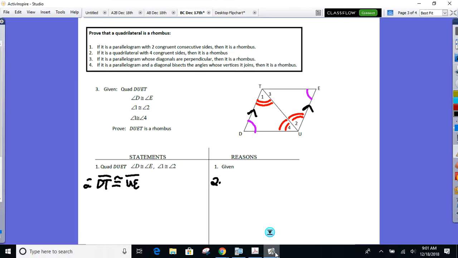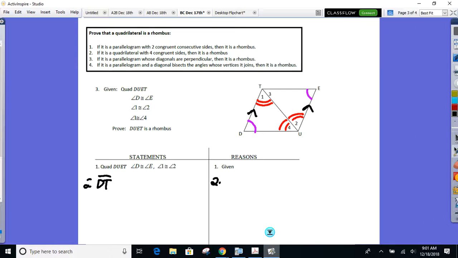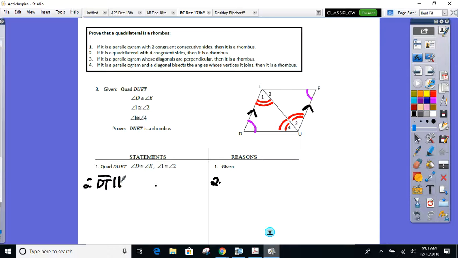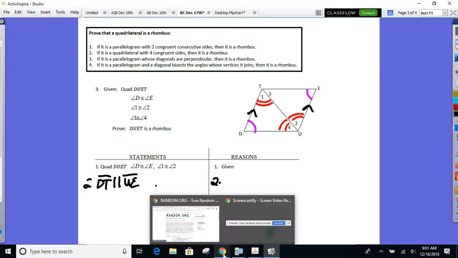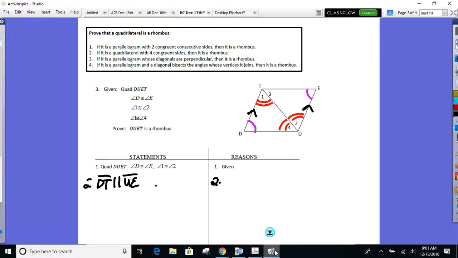Yeah, good. Why? Oh, 1 and 2. Why are they parallel? Oh, look at Vincent back there. Yes. Yes, 1 and 2 are alternate interior. They're congruent. That makes the lines parallel.